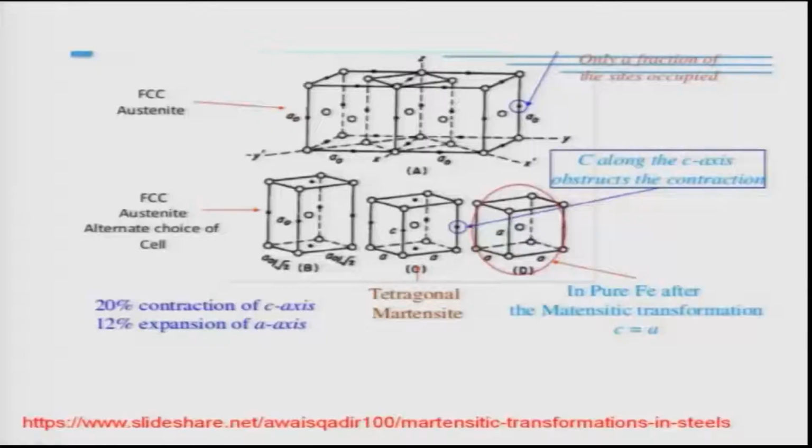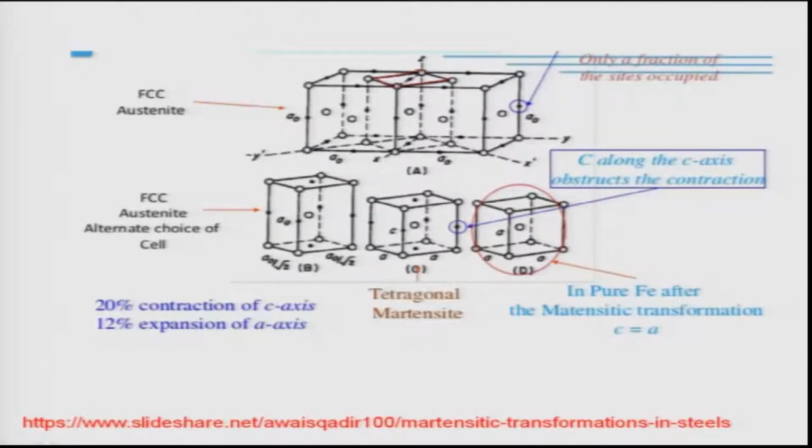As you see, this is the construction, the top part, the FCC austenite is shown there by x, y, z. You see here, these are the coordinates, and the coordinates of the martensite are shown by x prime, y prime, z prime. Obviously, if I have two unit cells of FCC austenite sitting side by side, we can simply join the points like that.